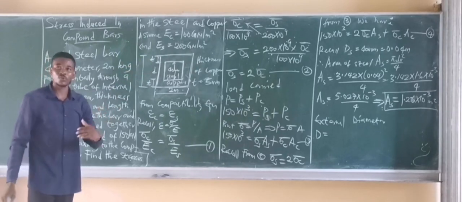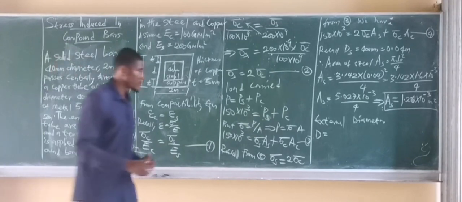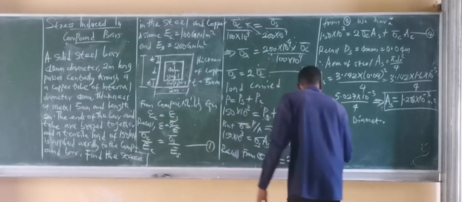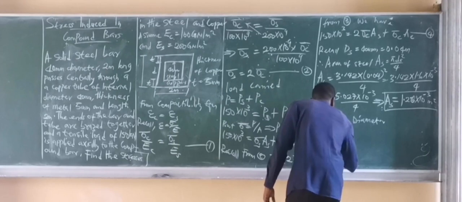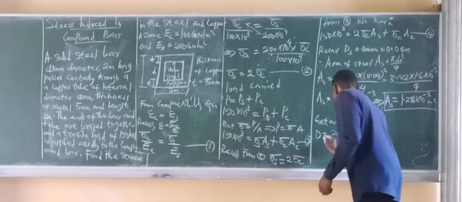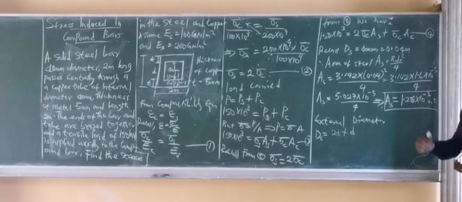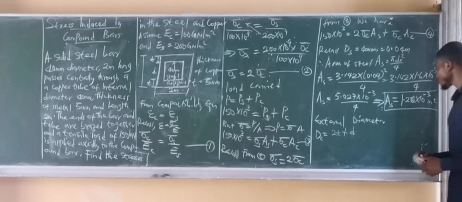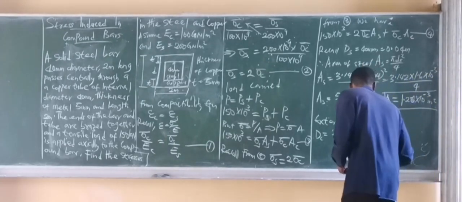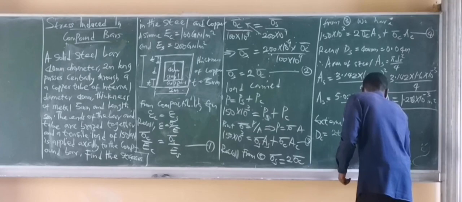Whenever the diameter is given to you and the thickness is given to you, to obtain the external diameter, you use the formula: the external diameter, capital G, equals 2 times thickness plus internal diameter. This is how you find the external diameter of the copper, because the copper already has an internal diameter of 40 millimeter. So this is now equal to 2 times the thickness.